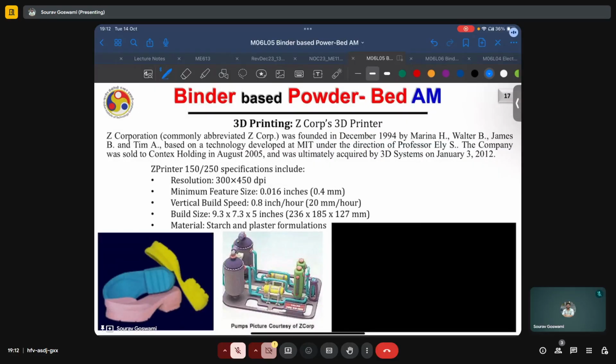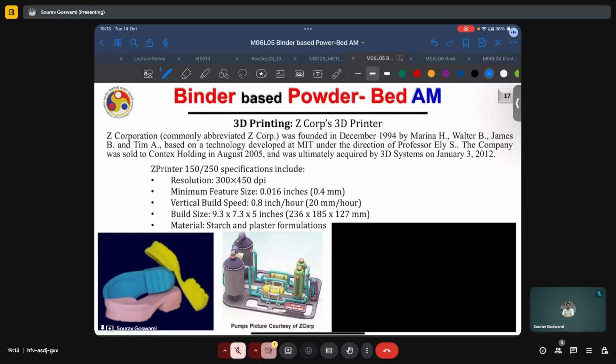Z Corp's 3D printer was founded in December 94 by Marina H., Walter B., James B., and Timmy, based on a technology developed at MIT under the direction of Professor Elias. The company was sold to Contex and ultimately to 3D Systems in 2012.